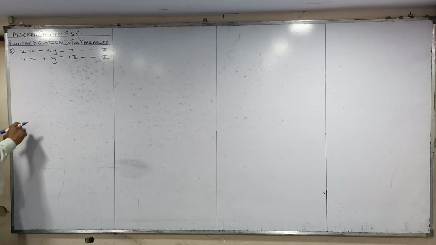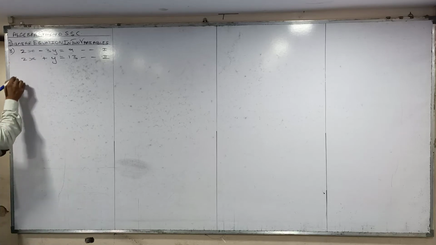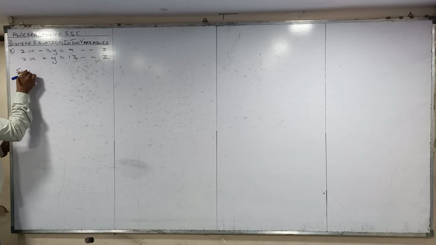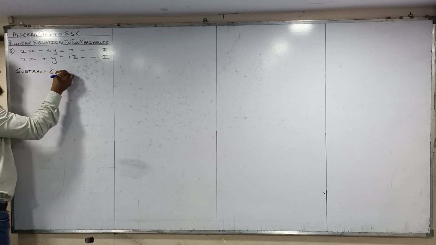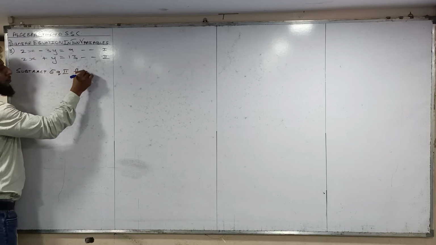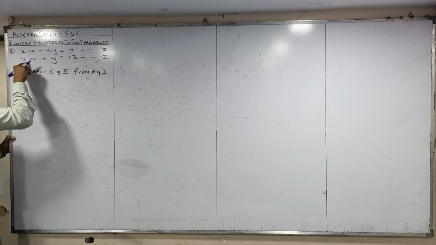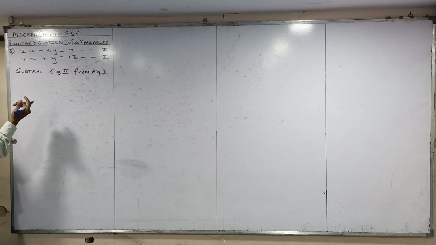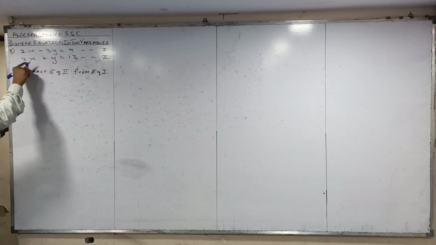So here what we'll do, they have the same value 2x and 2x, so just subtract equation 2 from equation 1. You can see the 2x and 2x values are the same, so we have to change the sign and cancel it.